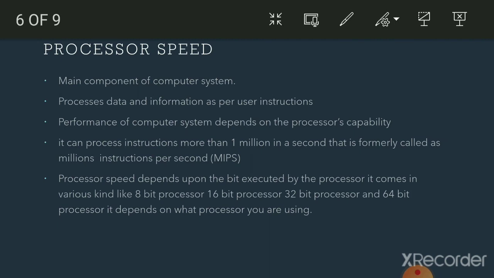Okay, so processor speed is very important to get faster results, to perform multiple tasks or to run multiple programs at a time. So you need more processing speed. Okay, so you can do multitasking at the same time.